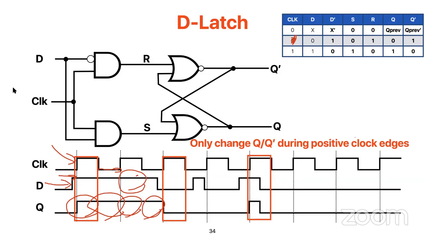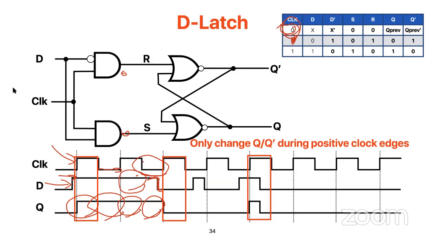However, at this point, because the clock signal is 0, so although we change the input of D, effectively your input to the RS latch is 0. So it turns out that we still output 0.